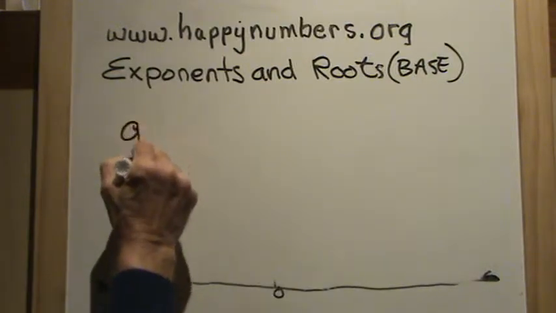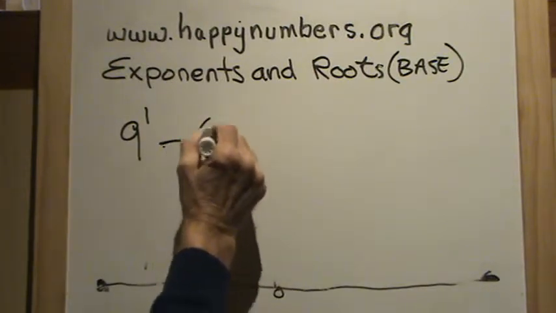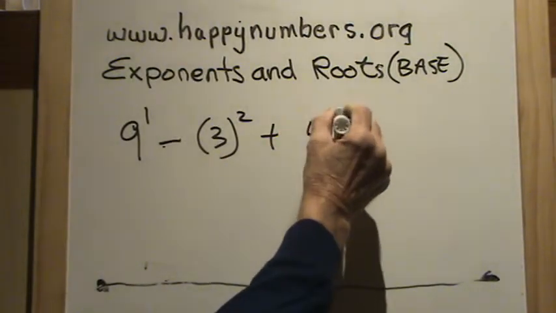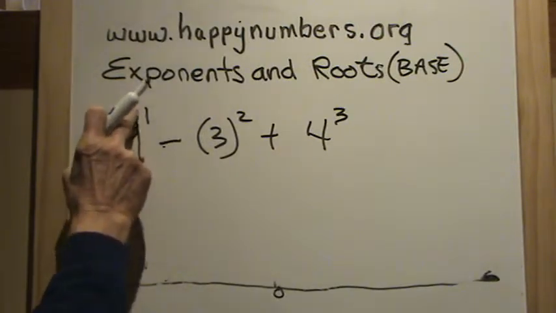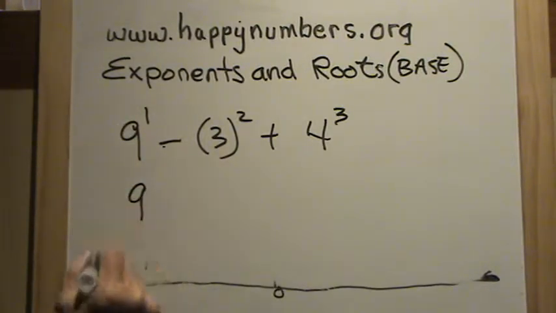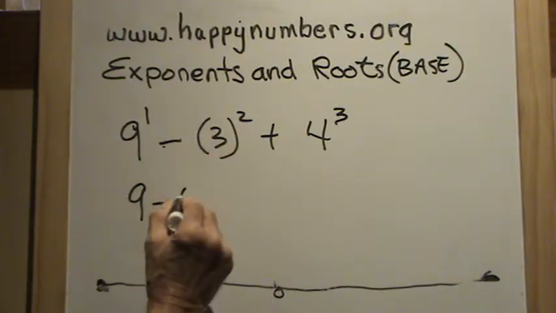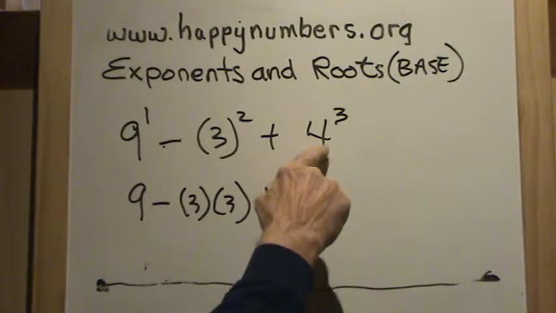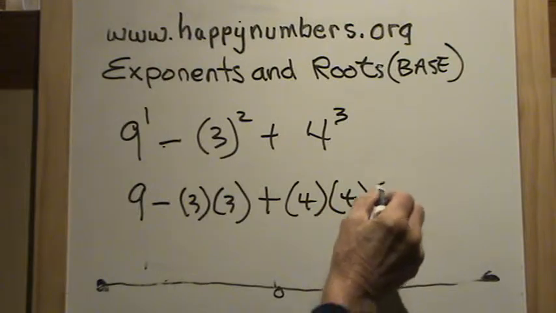Let's take 9 to the first minus 3 to the second plus 4 to the third. Well, when we have a root or a base to the first power, it's just that number. So we have 9 minus 3 squared, or 3 to the second power, is 3 times 3, plus 4 cubed, or 4 to the third power, 4 times 4 times 4.